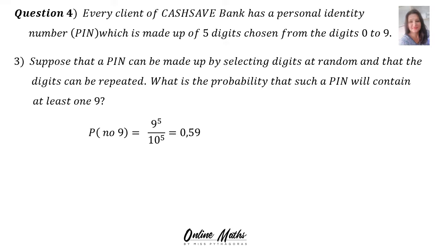Now, the probability that there's no 9 is 9 to the power of 5 divided by 10 to the power of 5, equals 0,59. Then the probability of at least one 9 will be 1 minus 0,59, and the answer is 0,41.